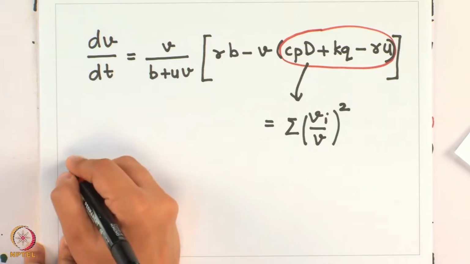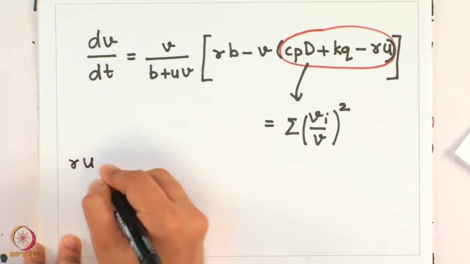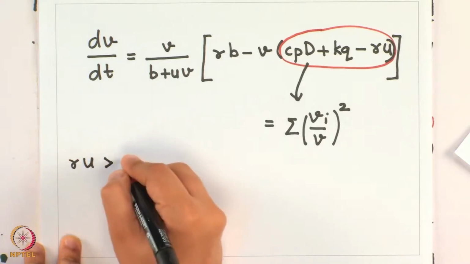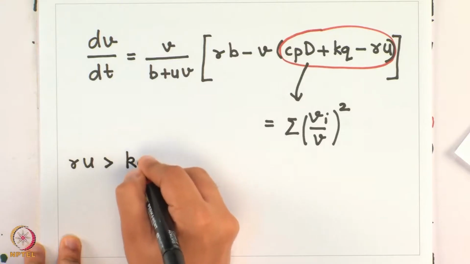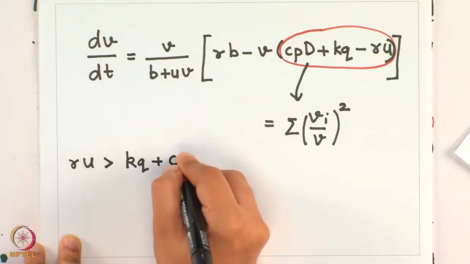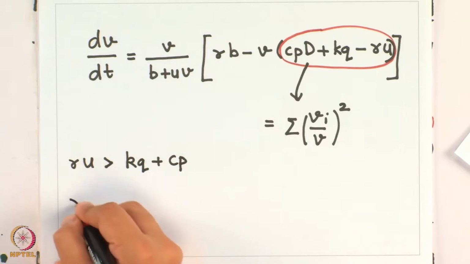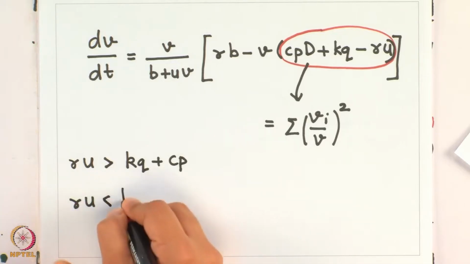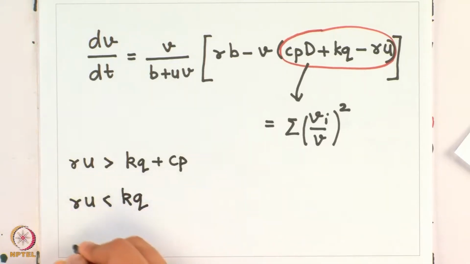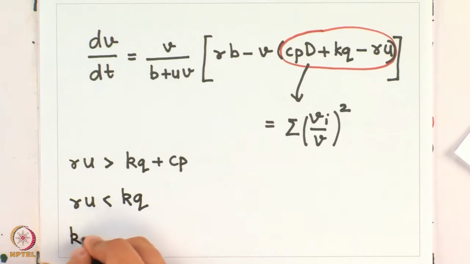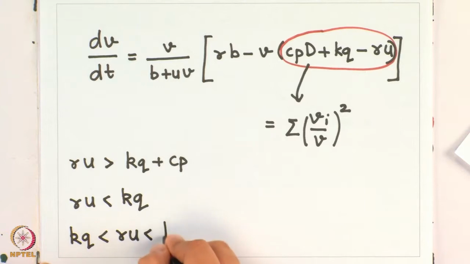Specifically, I leave this as an exercise, but you can show that you can have a case where Ru is greater than Kq plus Cp, or a case where Ru is less than Kq, or a case where Kq is less than Ru is less than Kq plus Cp.